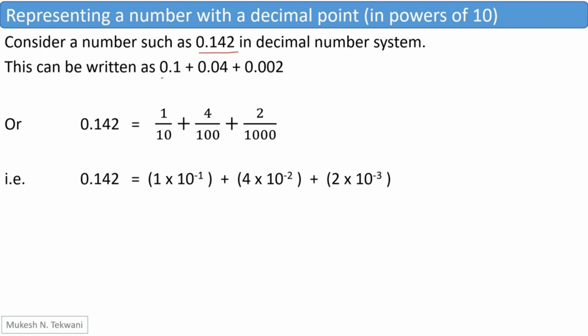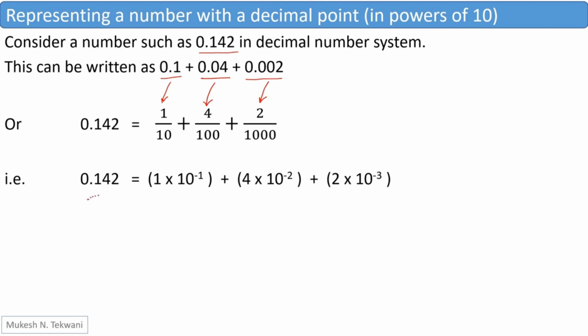So we have 0.1 plus 0.04 plus 0.002. Now 0.142 can be written with 0.1 as 1 upon 10, 0.04 can be written as 4 upon 100, and 0.002 can be written as 2 upon 1000.